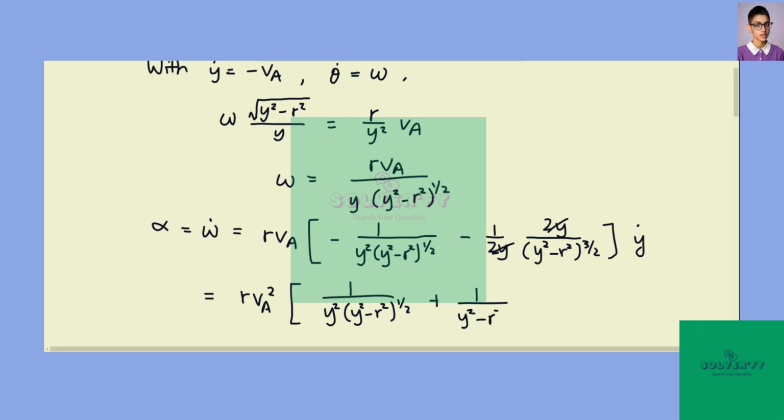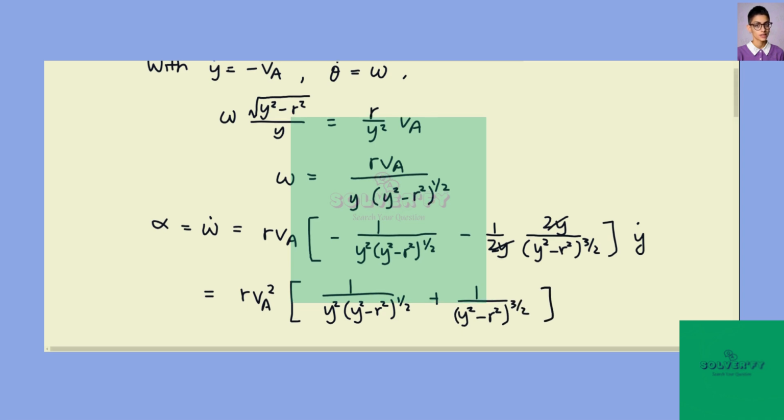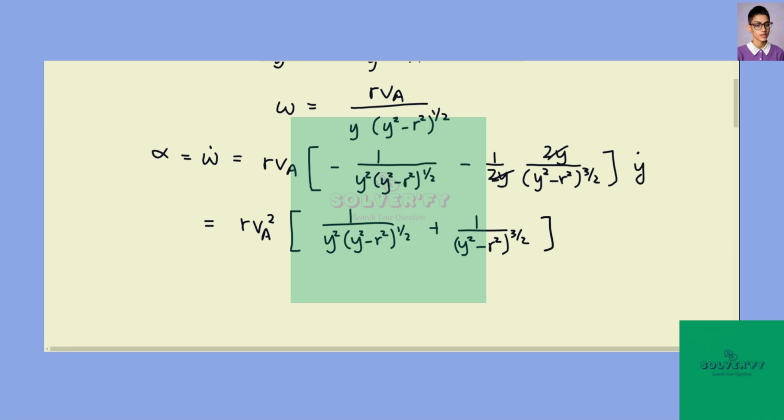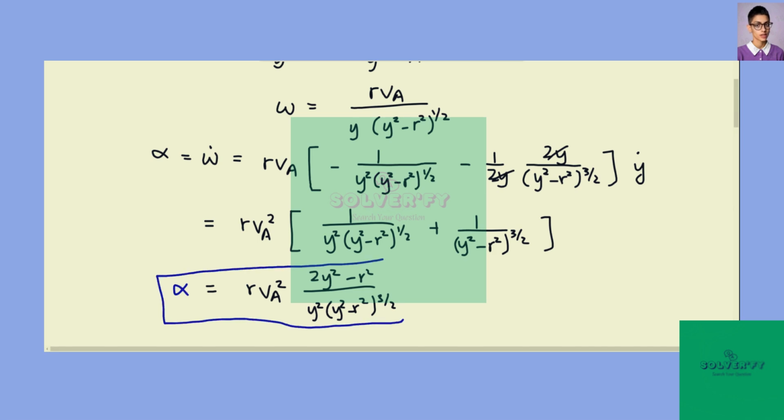Okay, and then if you continue to simplify the algebra, this is what we get: r VA square times 2y square minus r square divided by y square minus r square to the power 3 half. Okay, so this is alpha, and then this is our omega. Okay, these are the answers for this question.